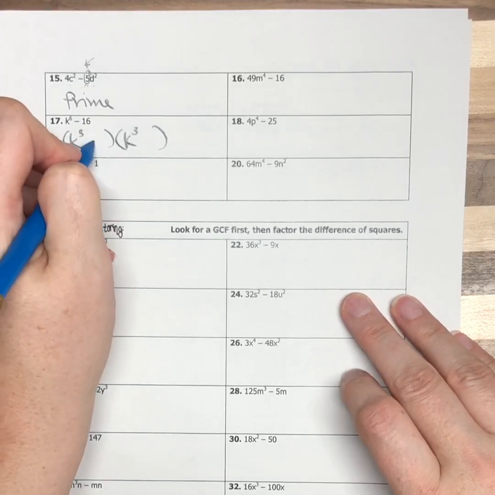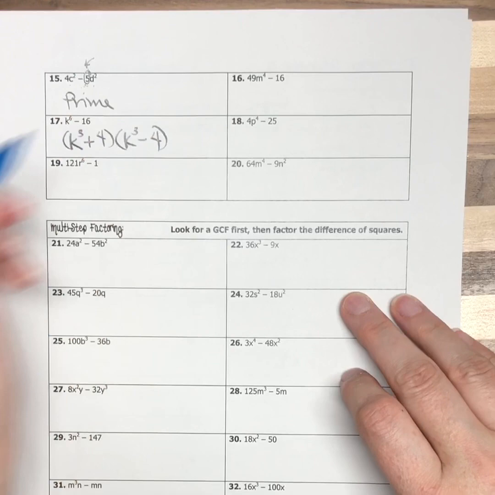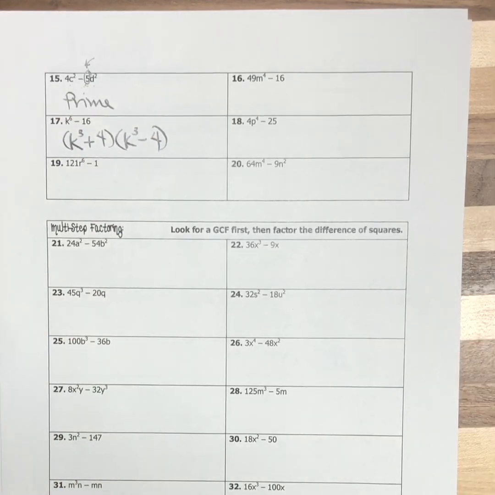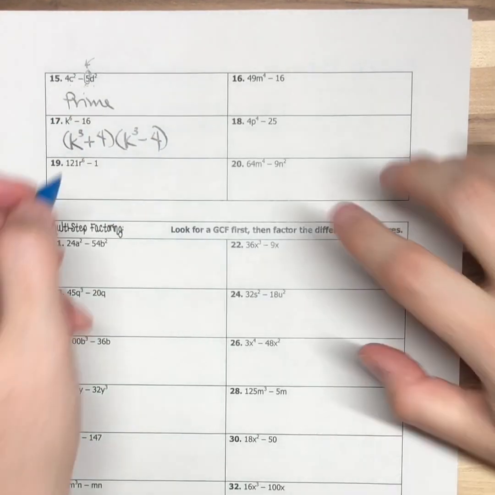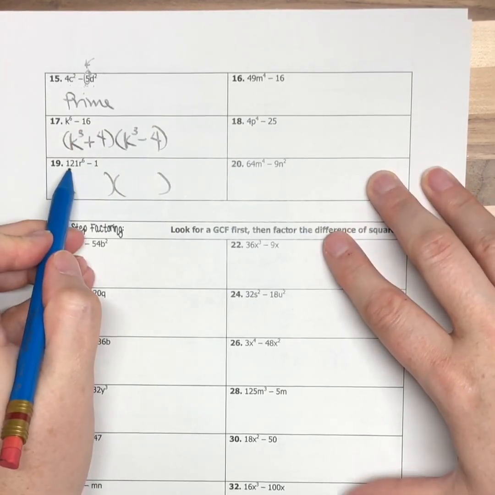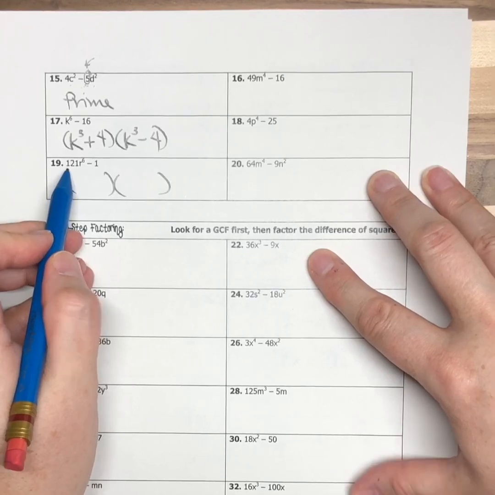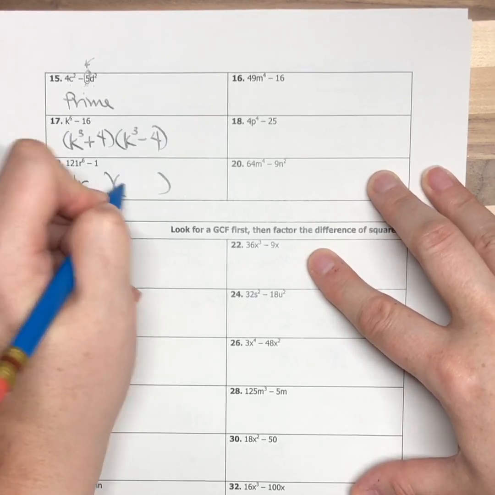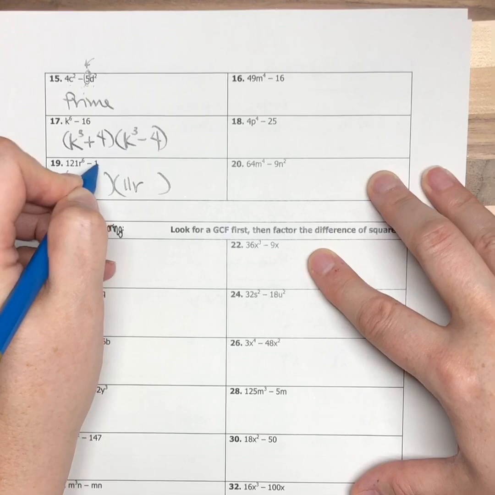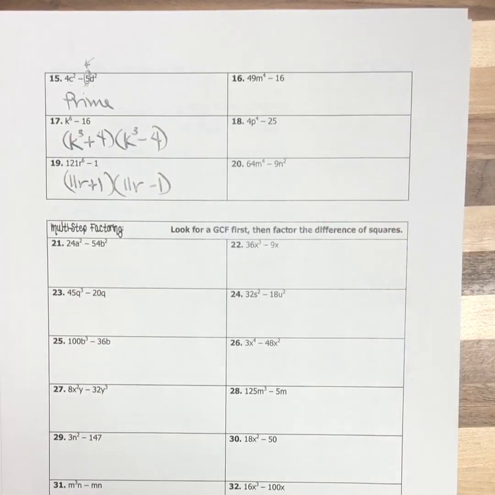And then we have our plus and our minus, 4 and negative 4, and we're done. And then 19, well, the square root of 121r to the 6th is 11r, and then the minus 1 is going to be your plus 1 and your minus 1 to fully factor.